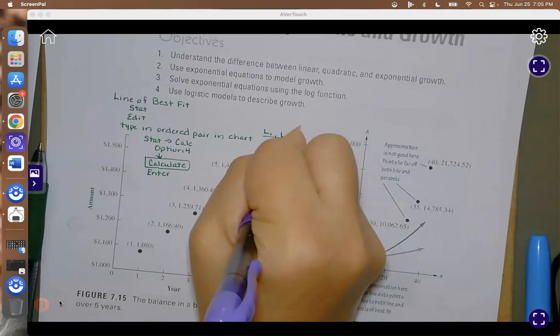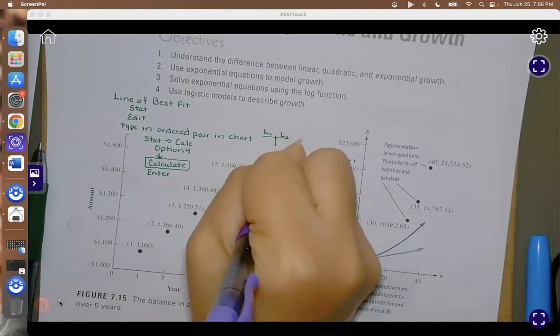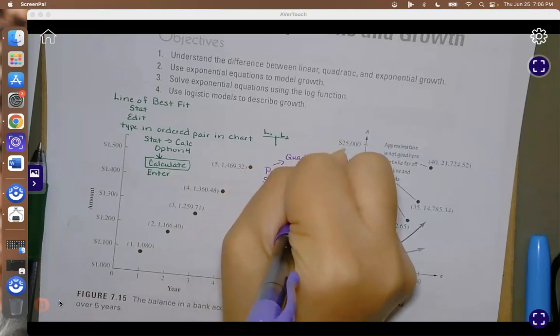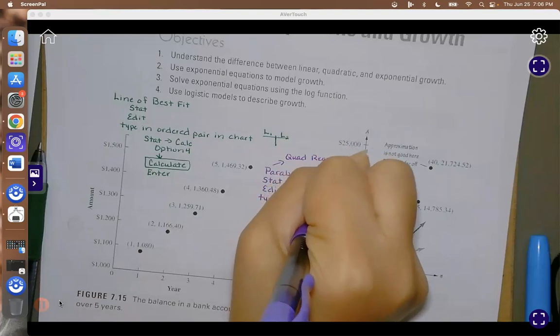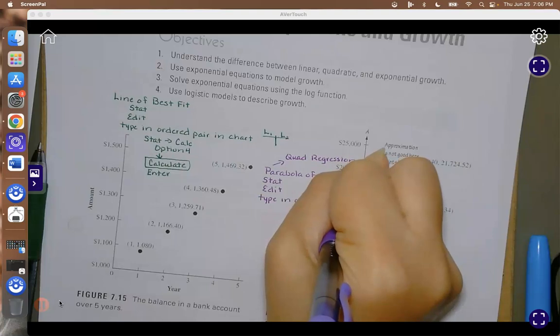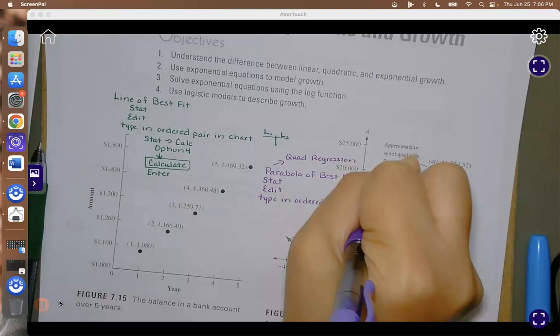We do Stat, Edit, type in ordered pairs in chart.